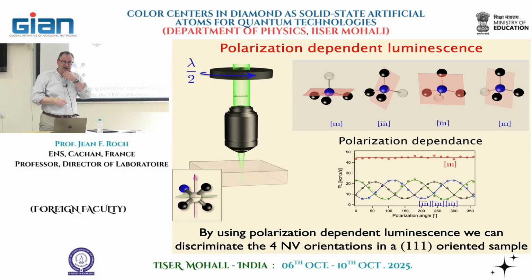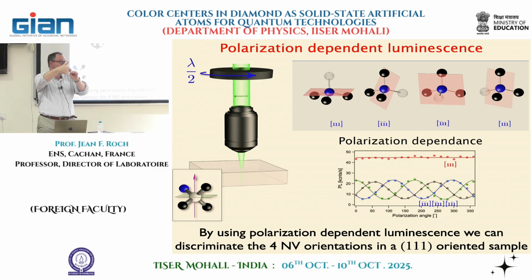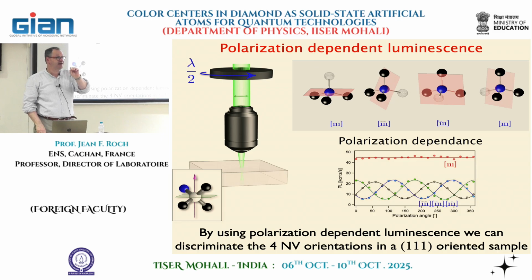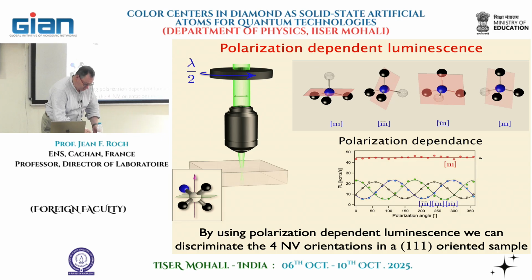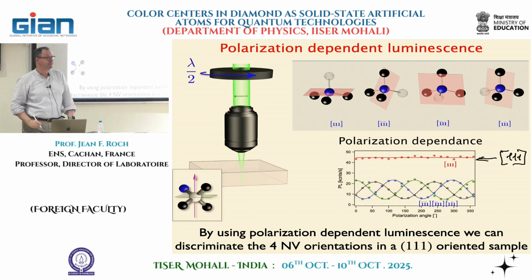If I have a 111 sample, now it's independent. If I turn the polarization like that, of my laser excitation, the projection on X and Y will always be the same. So I will not see any difference. The intensity will remain constant. And it's actually what we observed. This is what is observed for a 111 center.